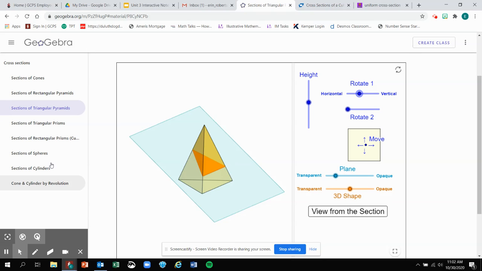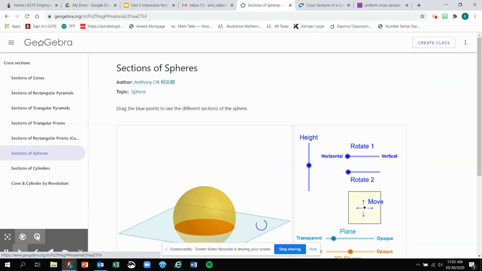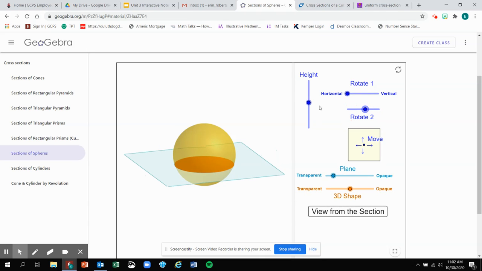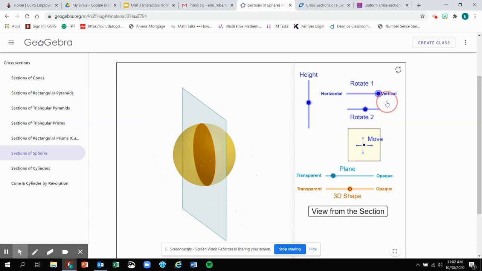All right, now the last one is a sphere. A sphere is very special. The thing about a sphere is I could rotate this sphere and it wouldn't really matter. No matter what I do, no matter how I cut, wherever I go on this, what I'm looking at is going to be a circle.